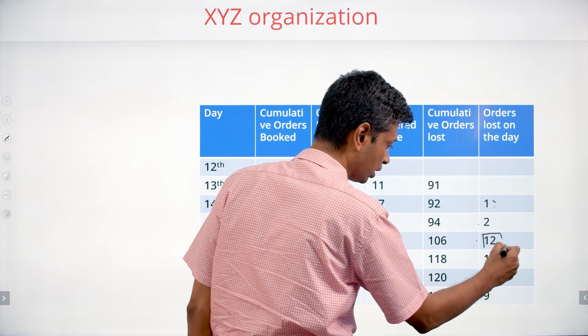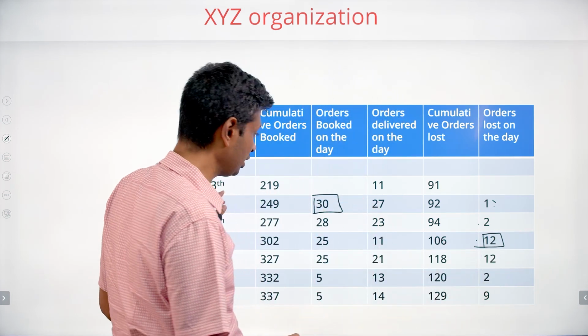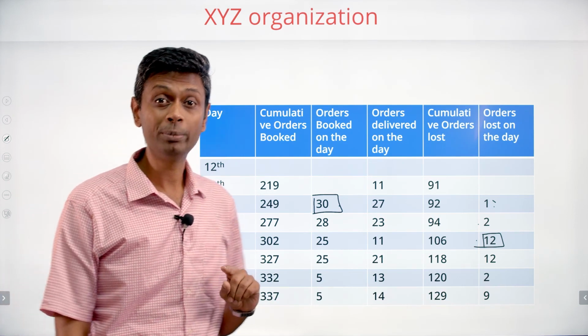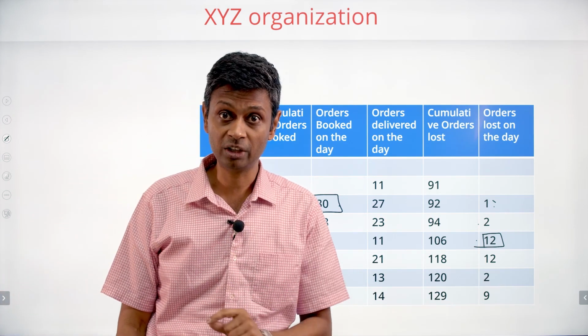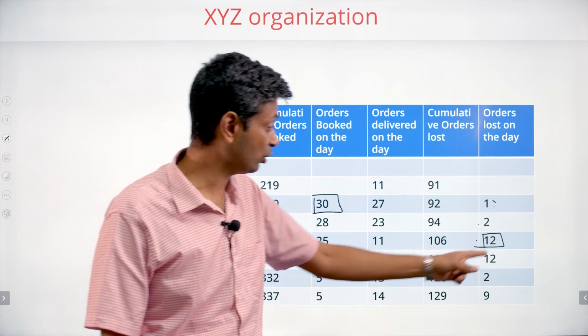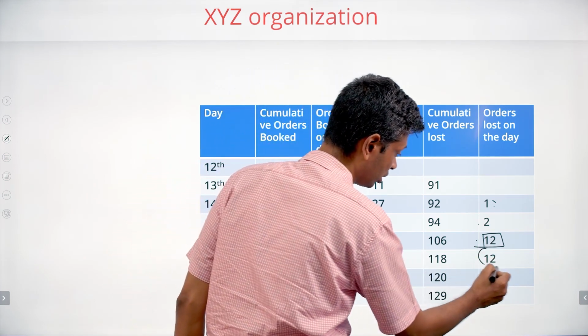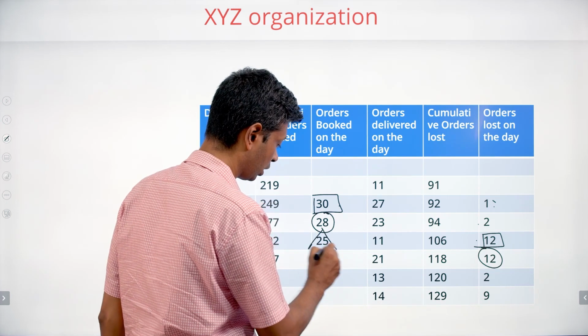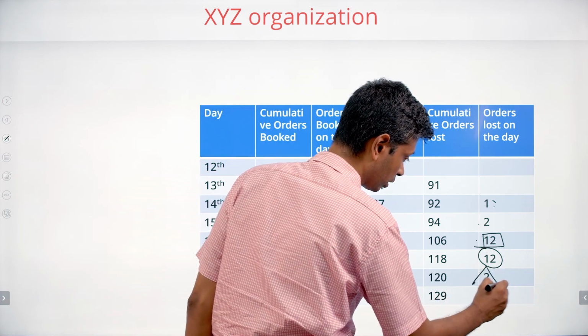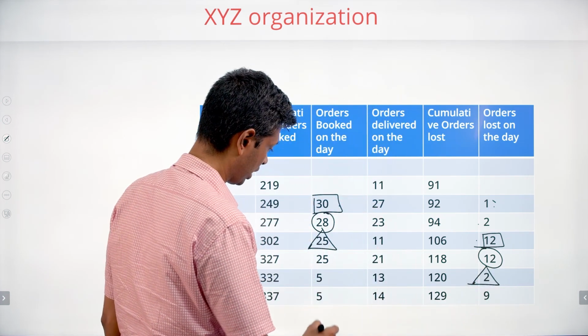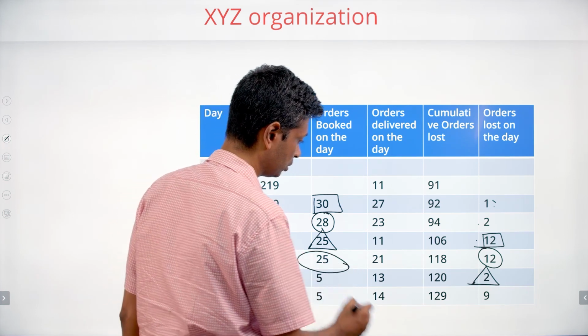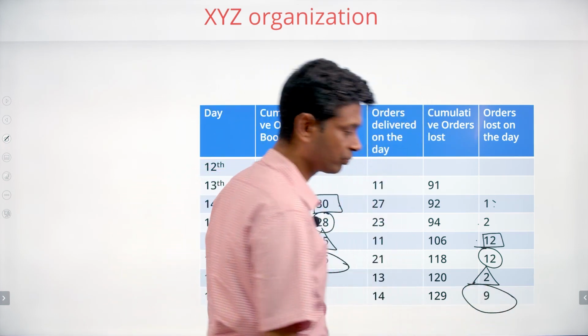So the order booked on 14th will be tried on 15 and 16 and then marked as lost at the end of 16th. Whatever is here is going to be marked as lost here. Whatever is here is going to be marked as lost here. What shape I don't have yet? Nice oval. This one is going to be marked as lost here.